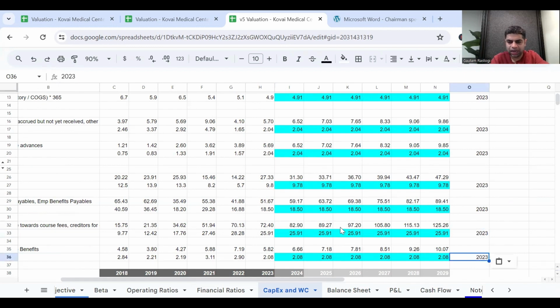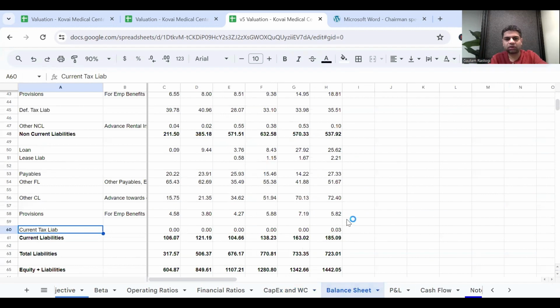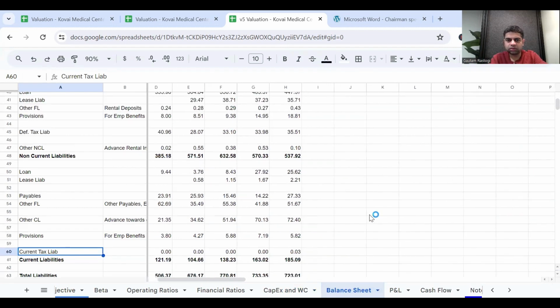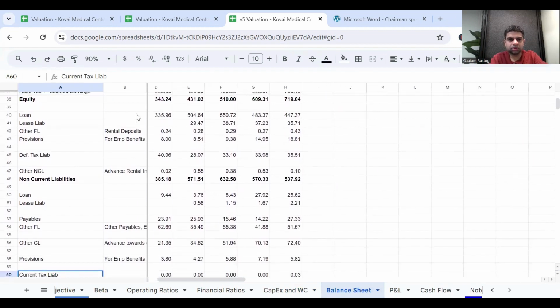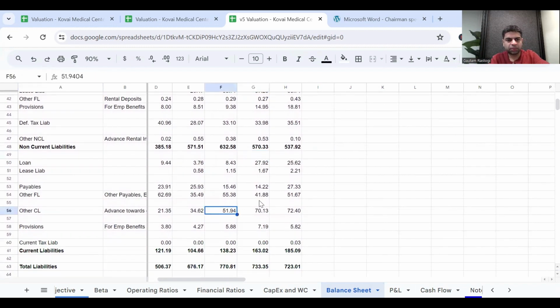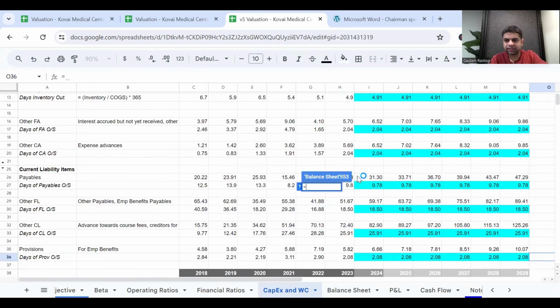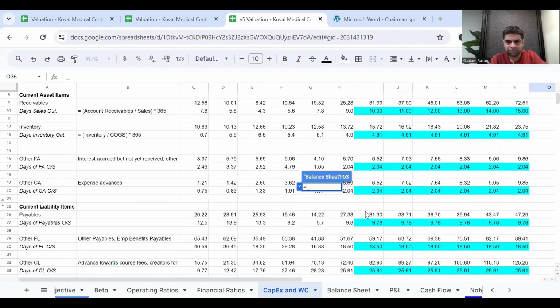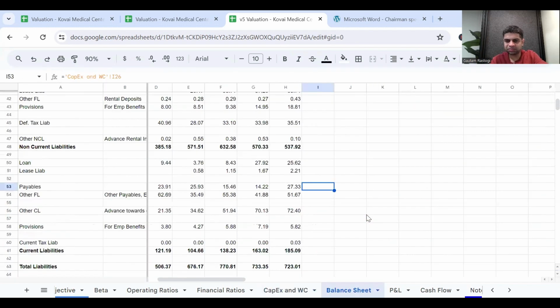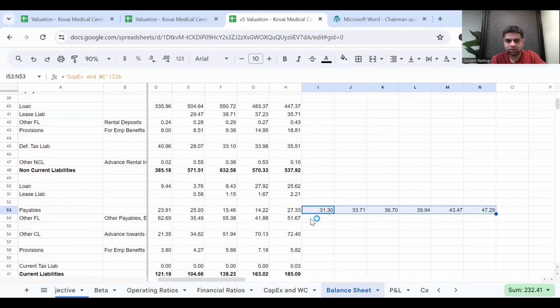Now, with all these numbers, let's go to the balance sheet and start pulling all of these. In the balance sheet tables, this is the tables, and this is 2029.